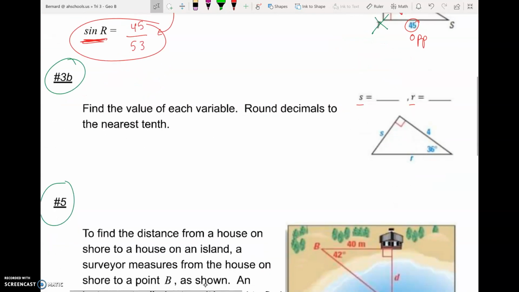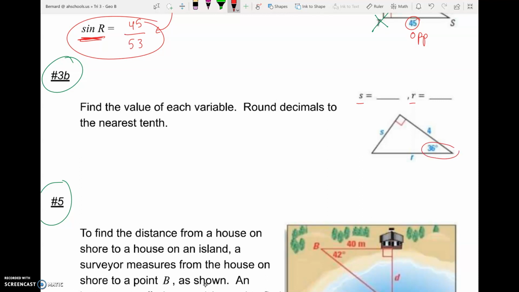So here we go. Remember, every time we do this, we pick the angle they give us, right? Not the 90, but one of the other ones. And then we label opposite, which is across. We label hypotenuse, which is across from the 90, and then the adjacent or connected side. And so if we want to find S, obviously we need S, but then we also need to use the other side that's a number.